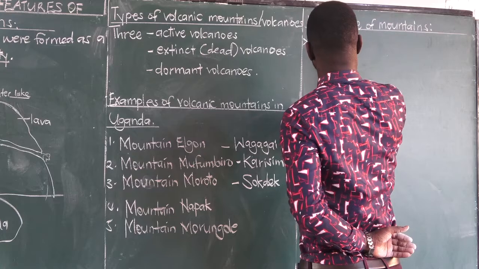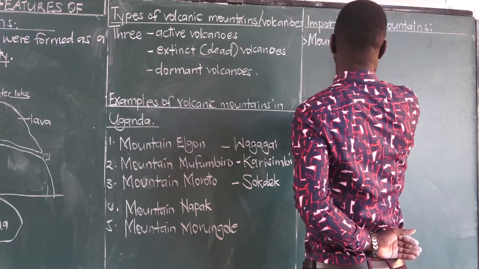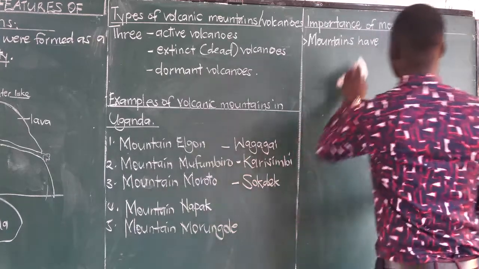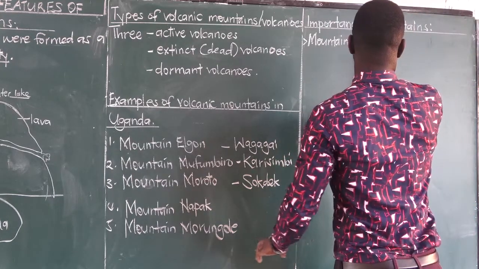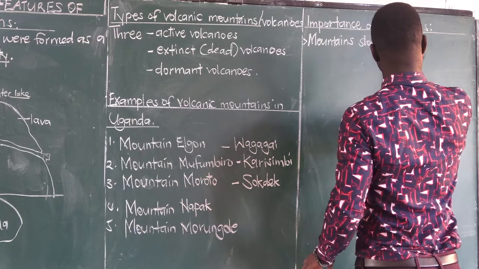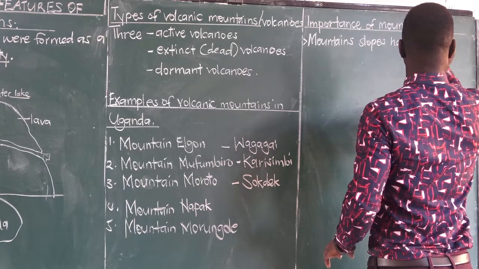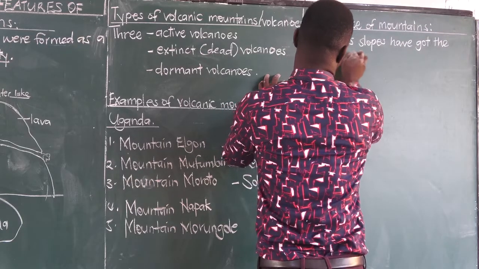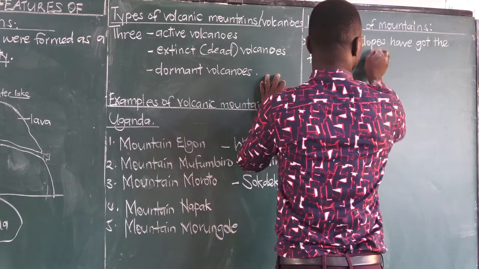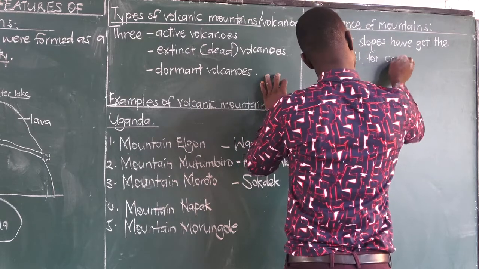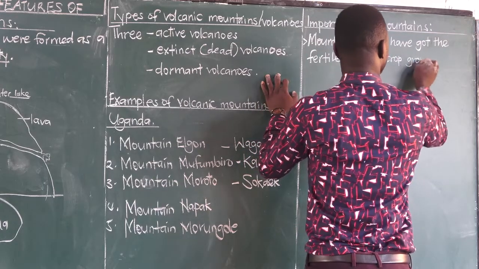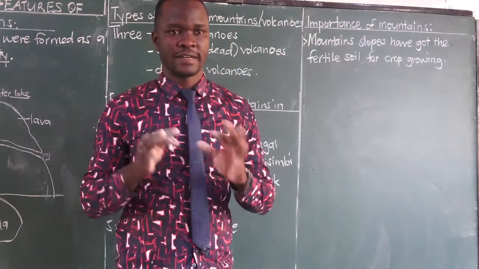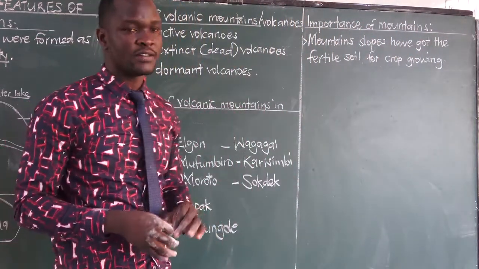Mountain slopes have got the fertile soil that support crop growing. Which means on the slopes of a mountain we have fertile soil that support the growing of crops.